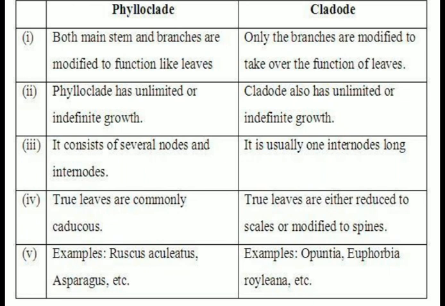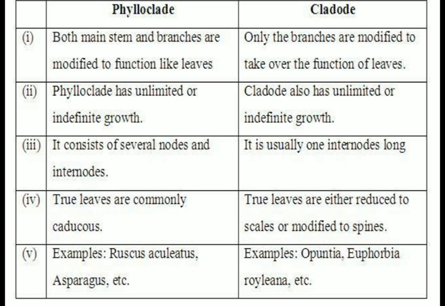In case of cladodes, only the branches are modified to take over the function of the leaf, whereas the stem and branches both are engaged in this process in phylloclade. Both phylloclade and the cladode have unlimited or indefinite growth. Phylloclades consist of several nodes and internodes, but the cladode is usually one internode long.